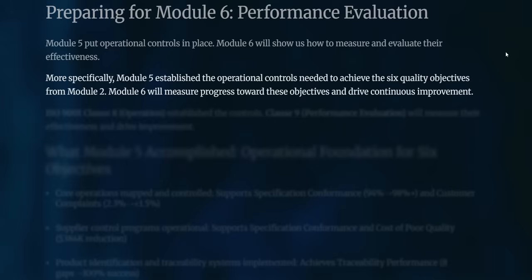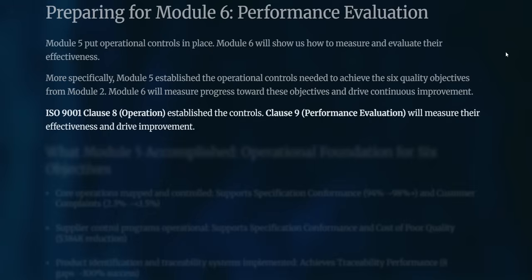More specifically, Module 4 established the organization's controls needed to achieve the 6 quality objectives. From Module 2, Module 6 will measure progress toward these objectives and drive continuous improvement.